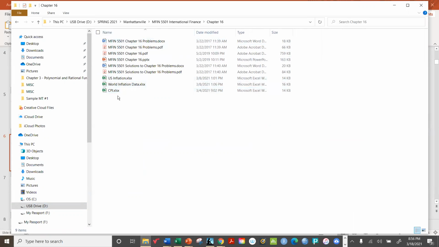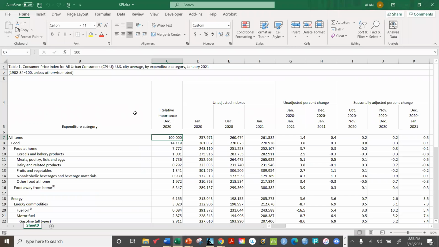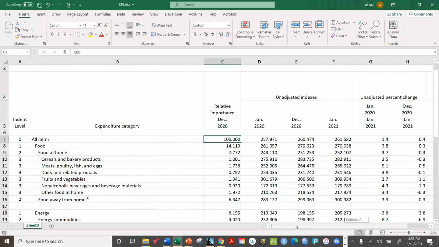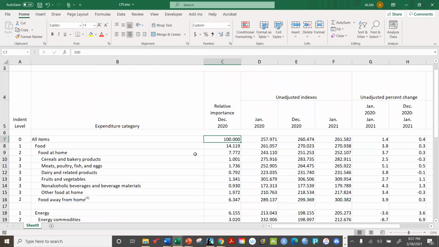All right, so let's take a look at these one at a time. First of all, CPI. What I've got here for you is what the Bureau of Labor Statistics uses to calculate the CPI. If you notice, it's broken down by categories.